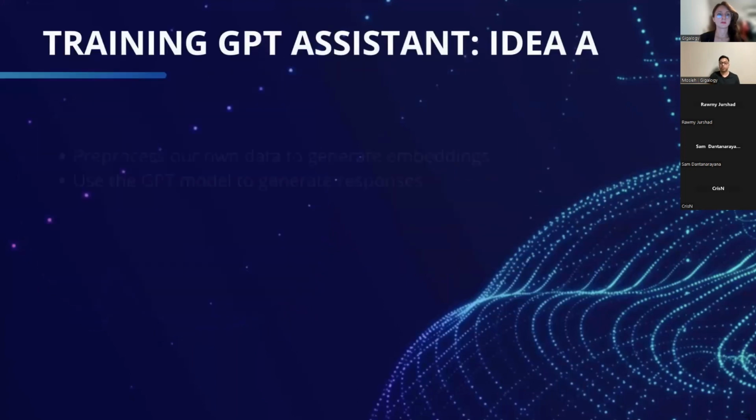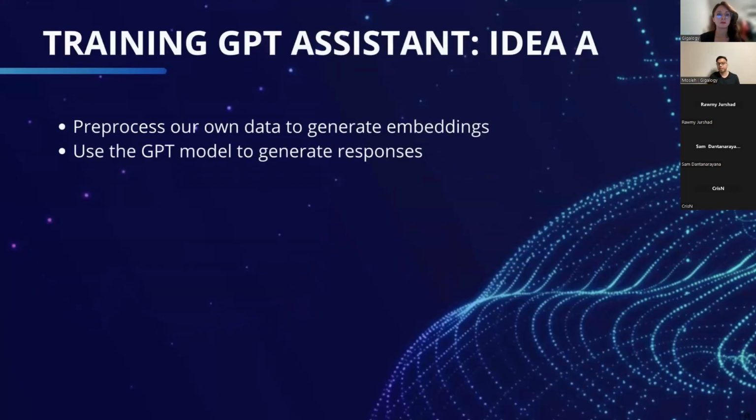Today, I'm going to talk about mainly three ideas. Idea A is basically to pre-process your data and generate vector embeddings, and then use those vector embeddings to generate responses from the GPT models.